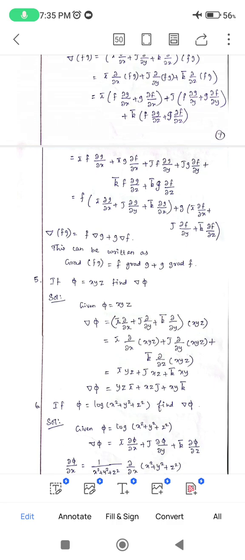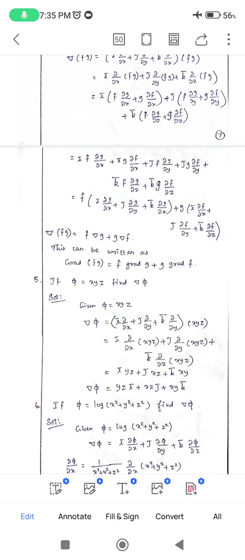So i vector into f of dou g by dou x plus i into g into dou f by dou x, plus j vector into f into dou g by dou y plus j vector g into dou f by dou y, plus k vector into f of dou g by dou z plus k vector into g of dou f by dou z.